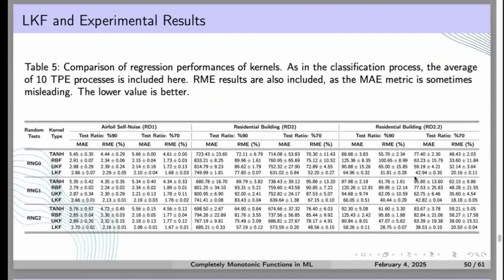Again, here we have the regression performances of the kernels. These are regression tasks, and here TP optimization is implemented, and they repeated this 10 times to get a mean value and the standard deviations. Here mean absolute error and root mean square error are presented, and we expect these errors to be small for a good kernel.